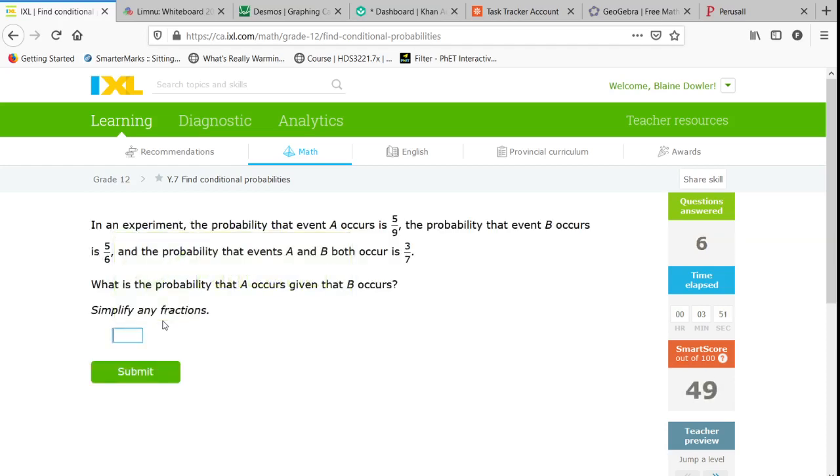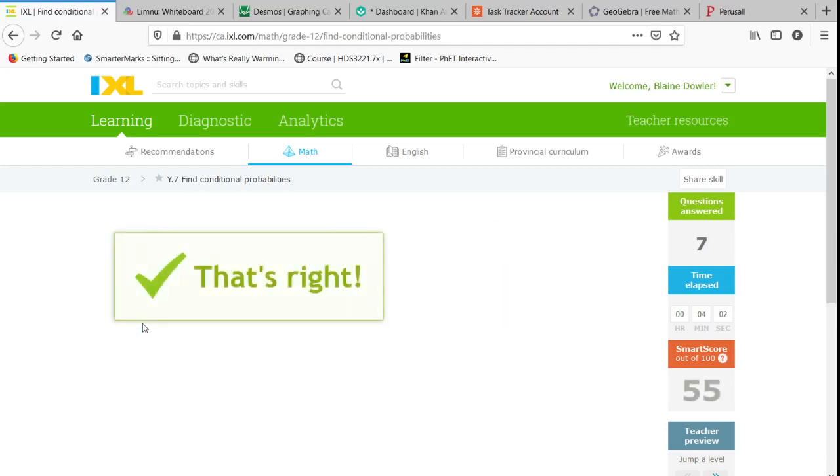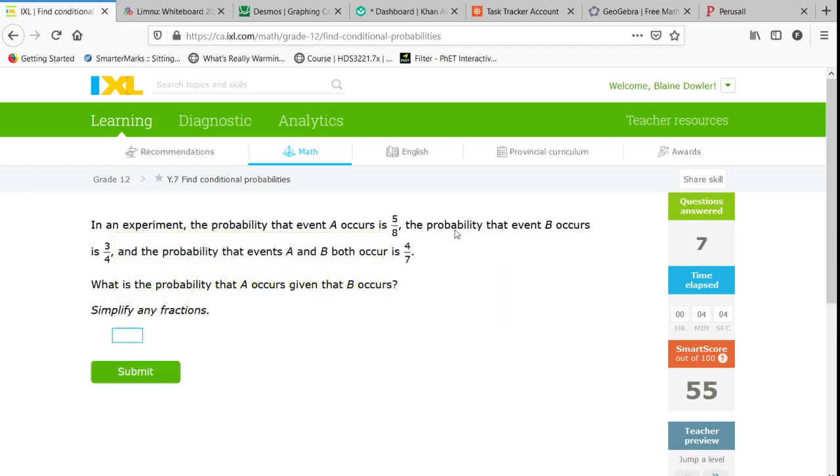Finally, a fraction that simplifies. Here, 3/7 divided by 5/6 is 18/35. Now we have 4/7 divided by 3/4. That is 16/21.